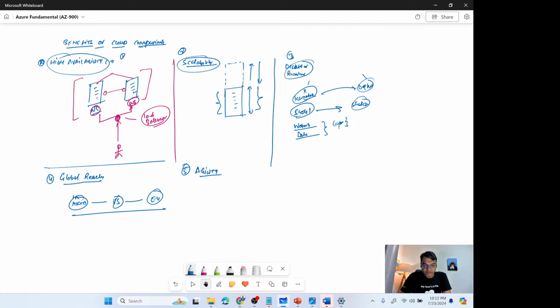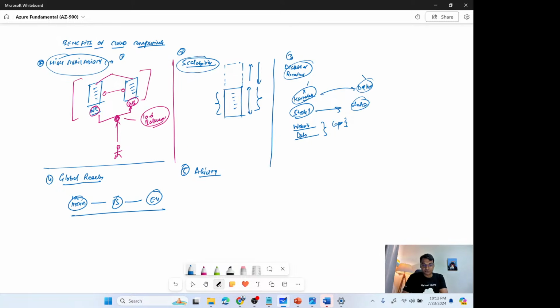It provides high availability, scalability, disaster recovery, global reach, and agility. She also doesn't have to spend so much money, because only when she requires a little more compute or storage will she take it, and as soon as it is not required, she can release the resources. That helps her save cost as well, correct? Because she's only paying for what she's using.